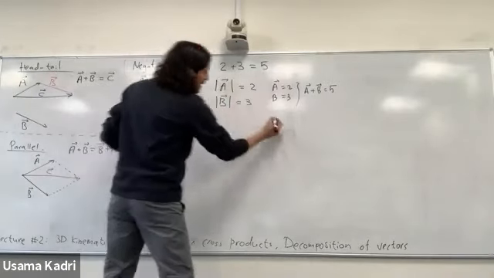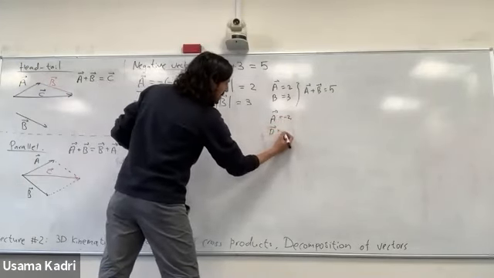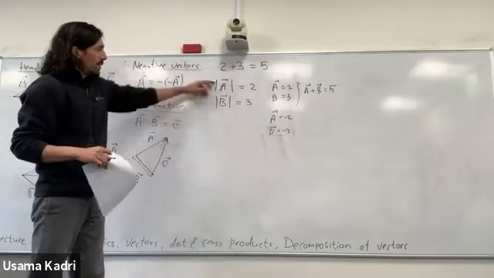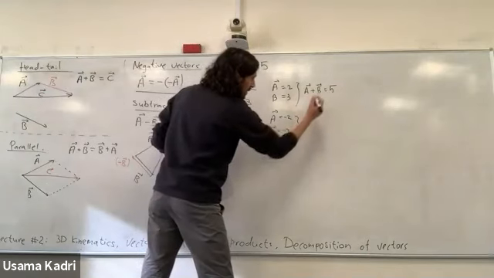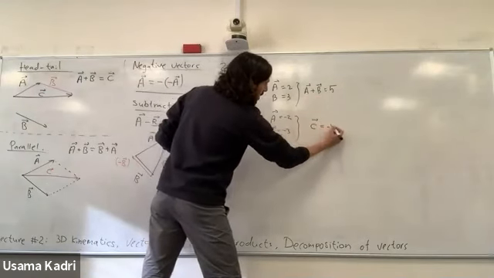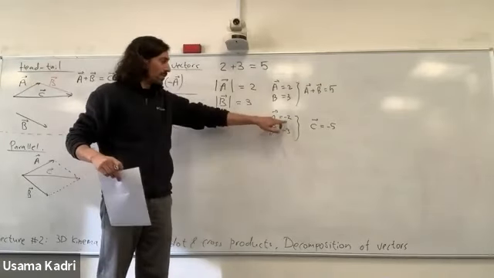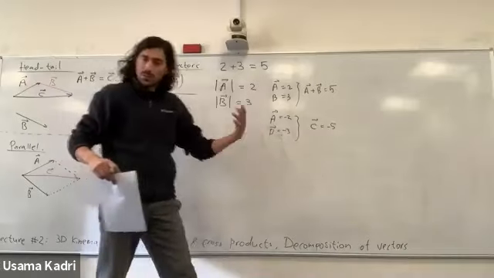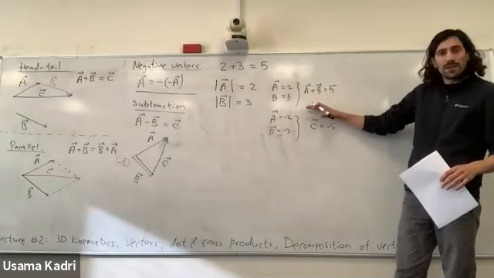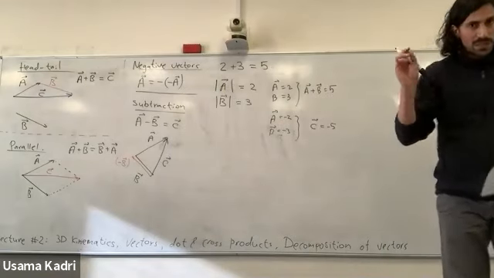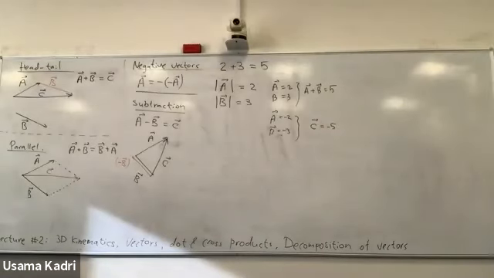However, if A is -2 and B is -3, the magnitude is still 2 and 3, but the summation would give, let me write this as C, -5. I could also have +2 here and a -3 there, or -2 here and a +3 there. So you already see that it's more complicated than scalars. When we add vectors together, they are different. The magnitude and the direction are important. So there are different possibilities.